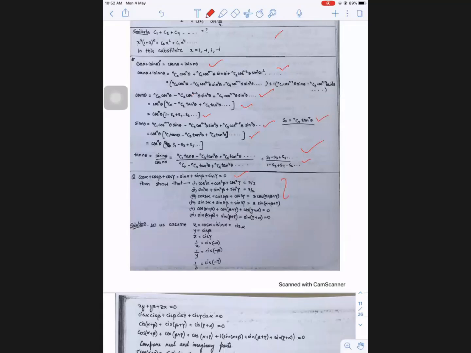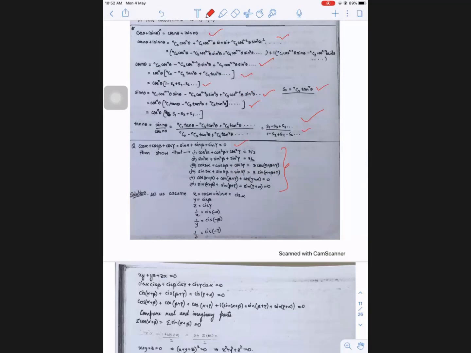Then prove: cos square alpha plus cos square beta plus cos square gamma equal to 3 by 2, and sin square alpha plus sin square beta plus sin square gamma equal to 3 by 2. These problems you can easily solve by using complex numbers.